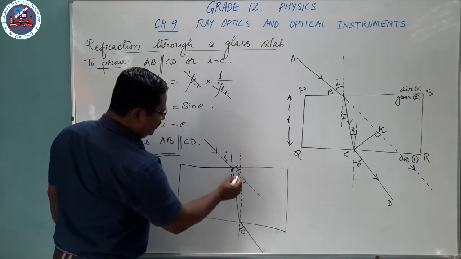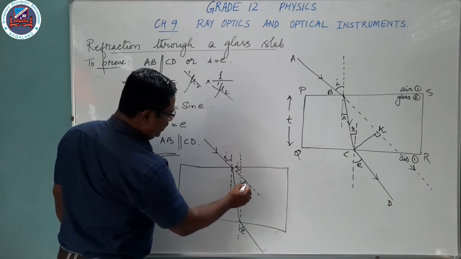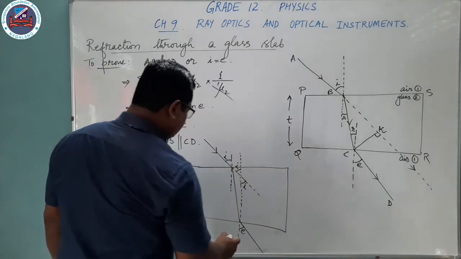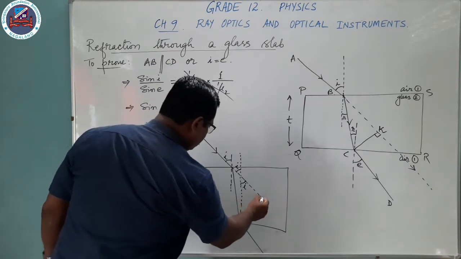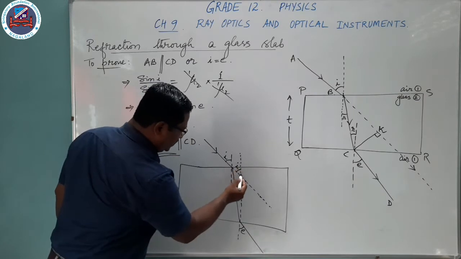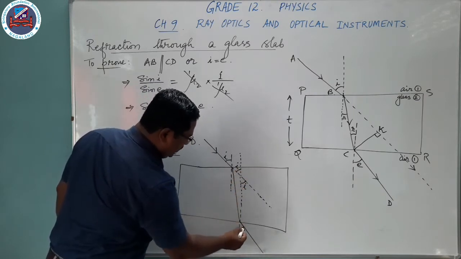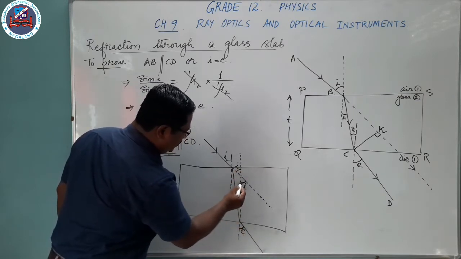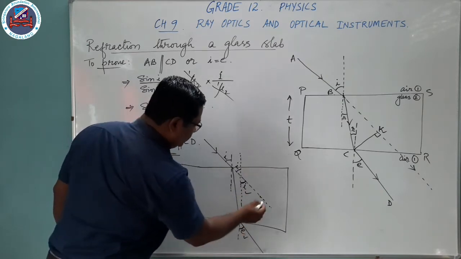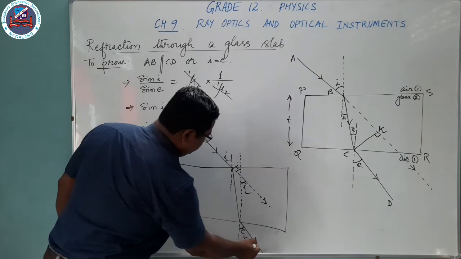Again, these are vertically opposite angles. So this is I. After that, if you look, these two lines, the dotted line, the incident ray and the emergent ray, this is a transversal. So these two angles are equal. That means corresponding angles are equal. And if corresponding angles are equal, the lines are parallel.